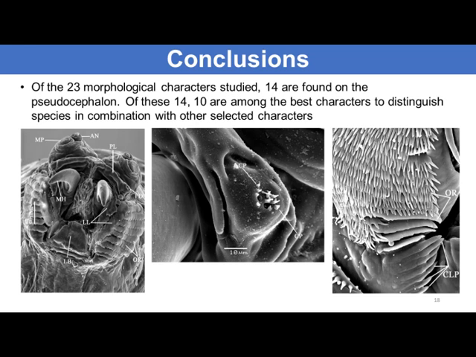Okay, the conclusions. Of those 23 characters, 14 are found on the pseudocephalon, on the head, and they are very, very useful to identify species to species.